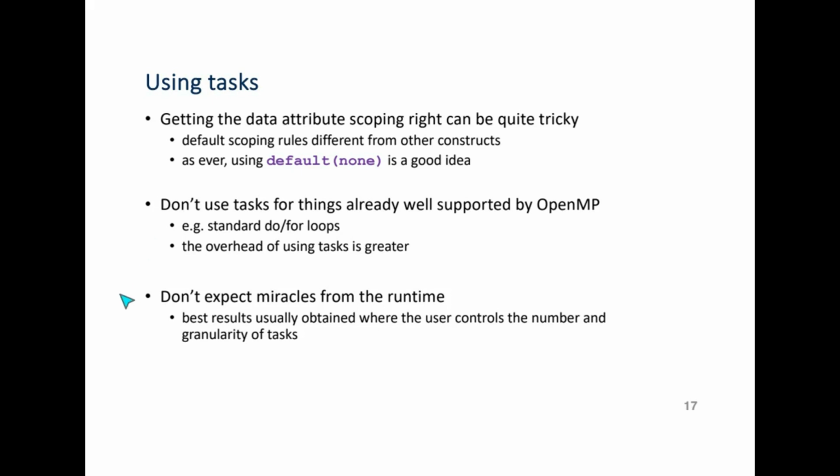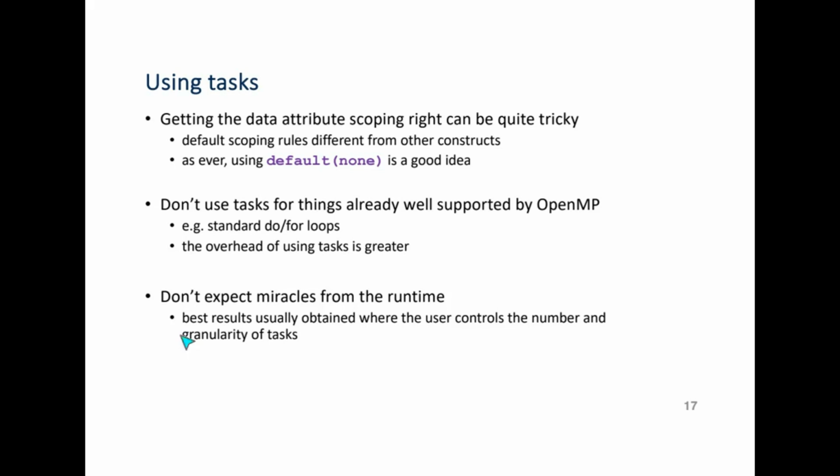Also, although the runtimes in general are quite good at scheduling tasks, you cannot expect miracles, okay? In general, you may need to do something to your program to control the number and the granularity of the tasks that are generated.